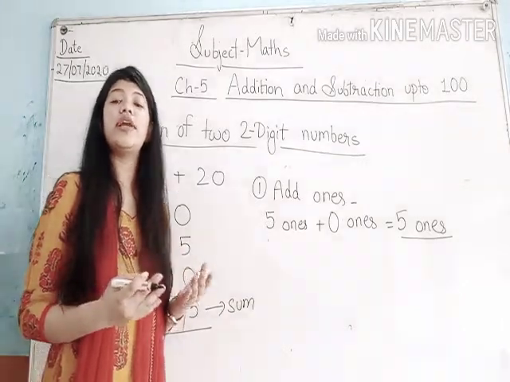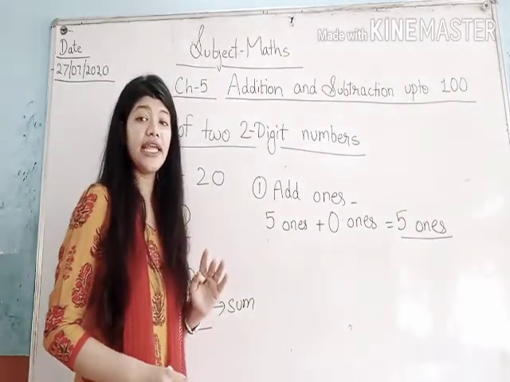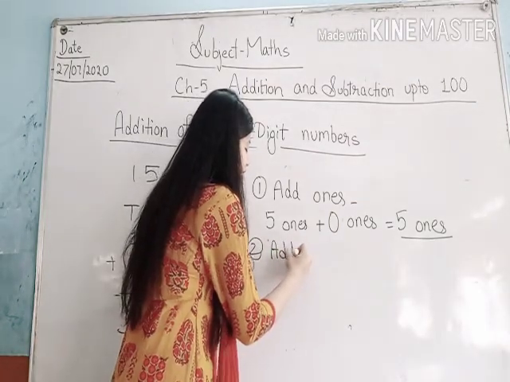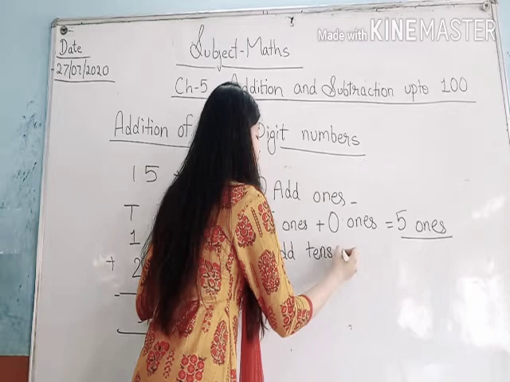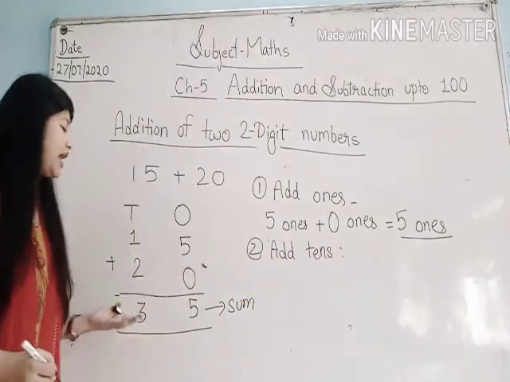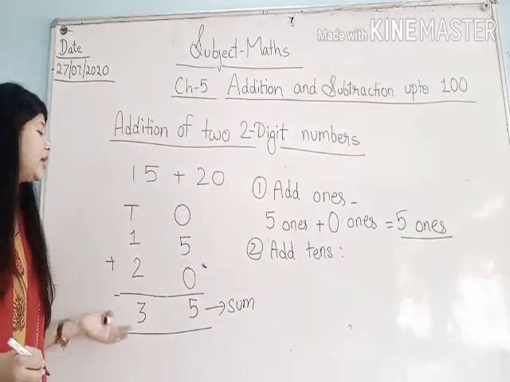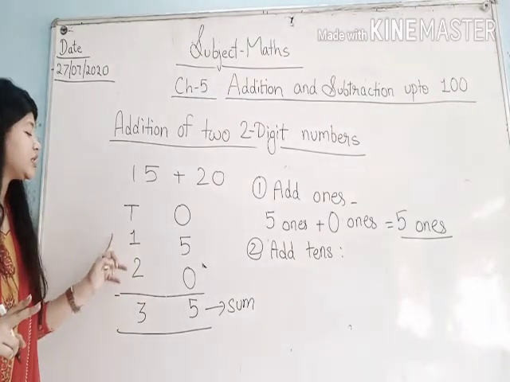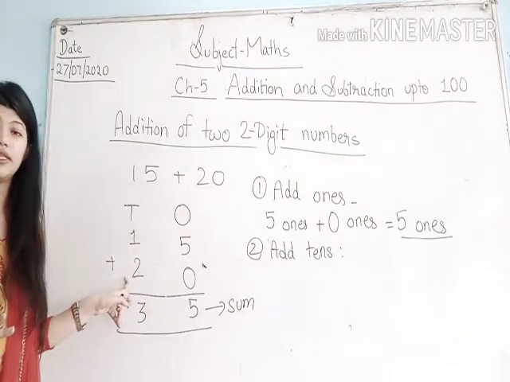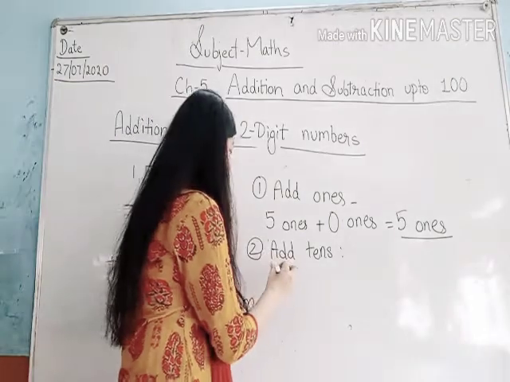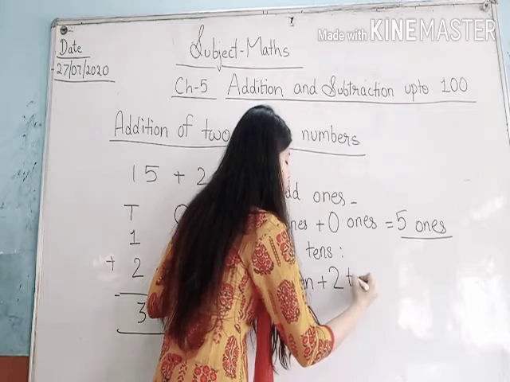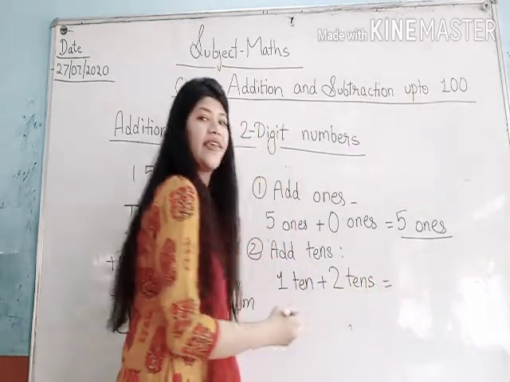Now we will come to our next step, that will be adding tens. So let's come to the next one, that is add tens. Now students, look at this question. How many tens are given over here? 2 tens are there. 1 ten and 2 tens. So let's write 1 ten plus 2 tens. Clear?